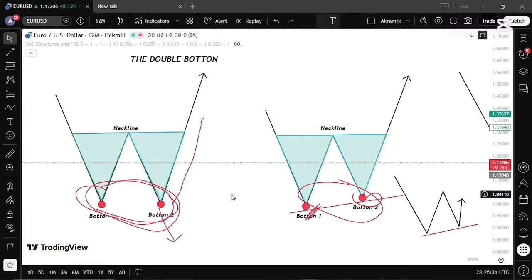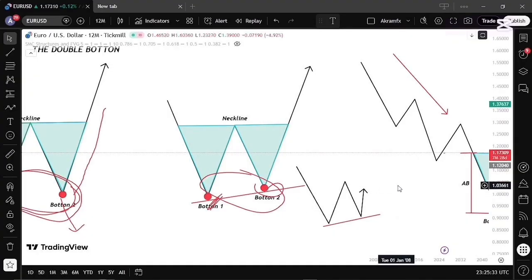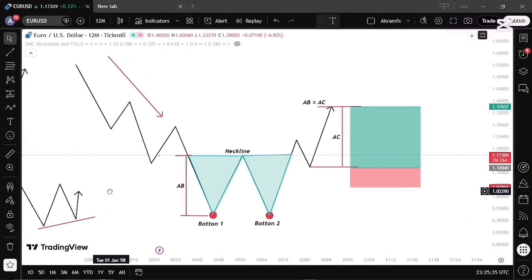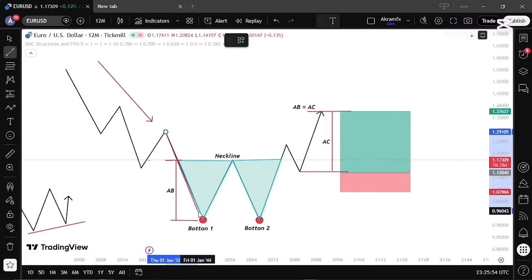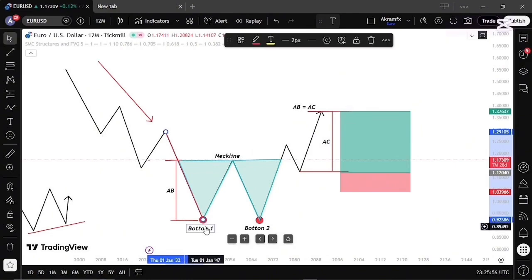Now, how do we trade this? Since it's a bullish reversal pattern, it forms after a downtrend. After the downtrend, we see that price came and made our first lower low.